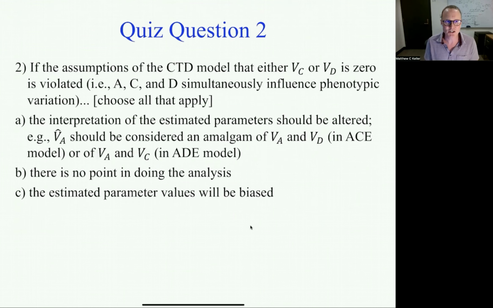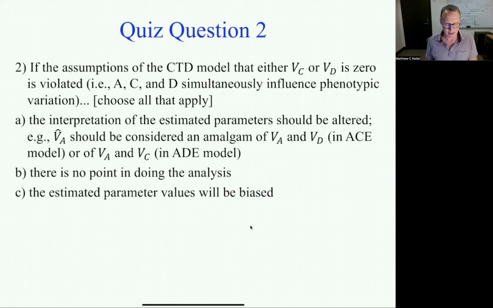So quiz question 2. If the assumptions of the CTD model that either VC or VD is 0 is violated, in other words, if A, C, and D simultaneously influence the phenotypic variation, then, choose all that apply. I'll let you pause the video, come back in just a sec. All right, welcome back. So A, the interpretation of the estimated parameters should be altered.